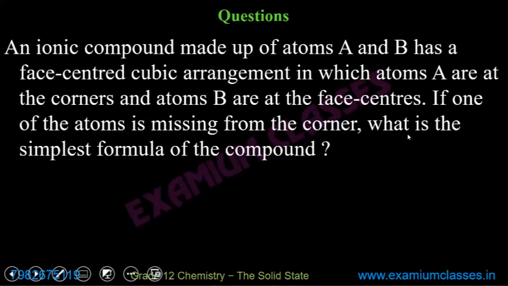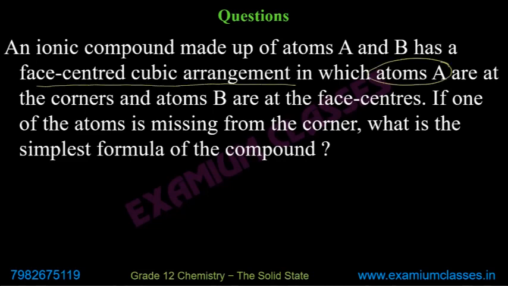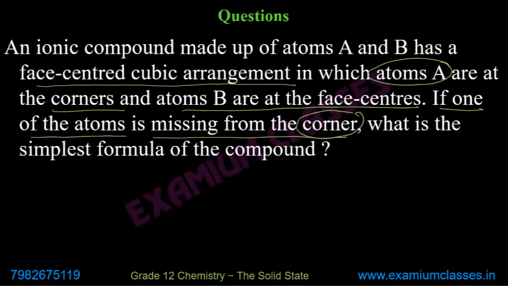Next question. An ionic compound made up of atoms A and B has a face-centered cubic arrangement in which atoms A are at the corners and atoms B are at the face centers. So till here it is the same as the earlier question. But if one of the atoms is missing from the corner, what is the simplest formula of the compound?